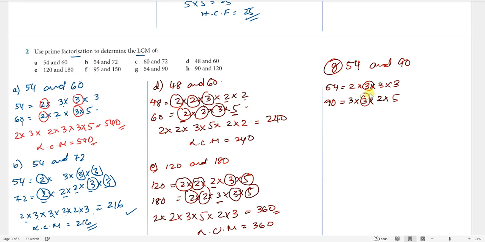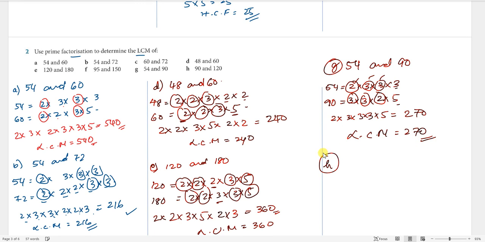We have 3. We have 2. We have another 3. So we can write 2, 3, 3, 3 and 5. So we have 2 times 3 times 3 times 3, and the remaining is 3 times 5. That is equal to 270. LCM equals 270.